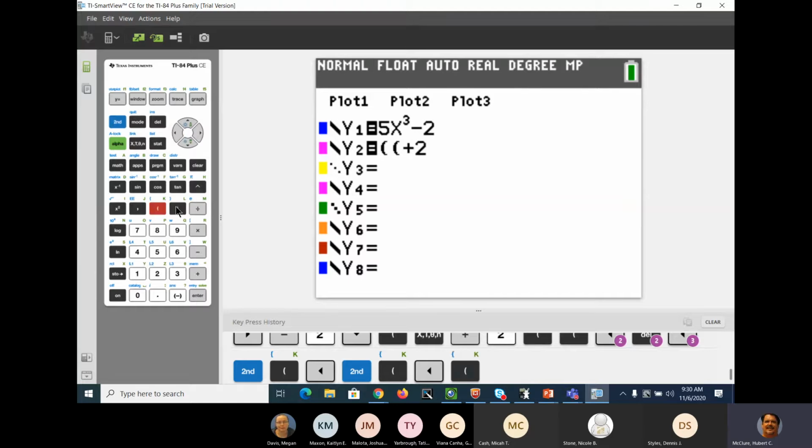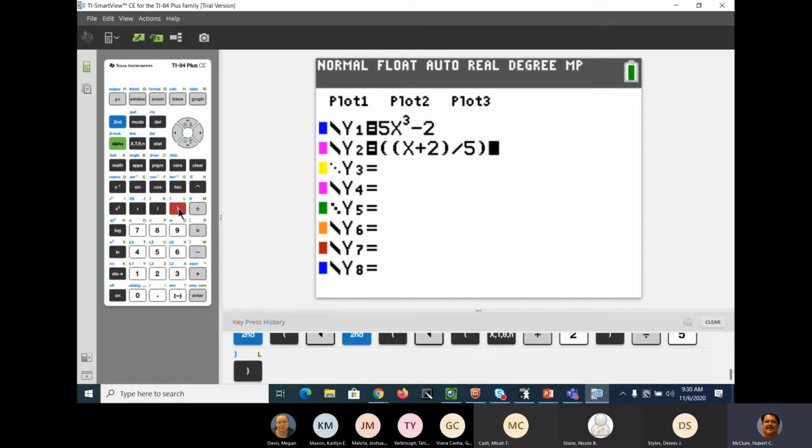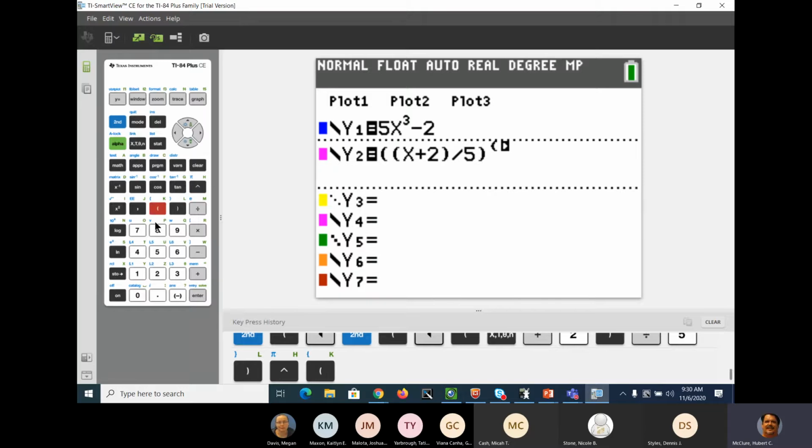All right, x plus 2, close parentheses, divided by 5, close parentheses, and then raised to the 1/3 power.